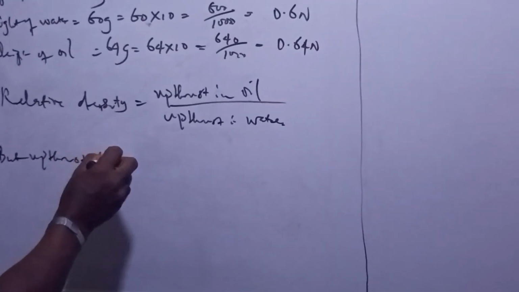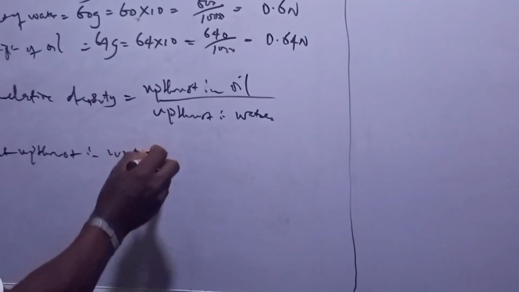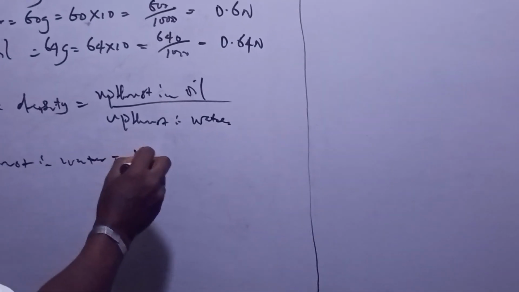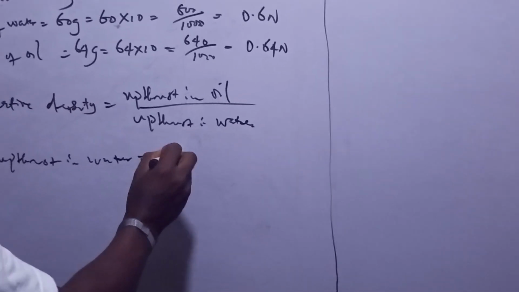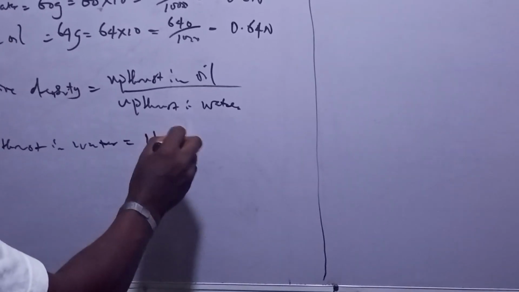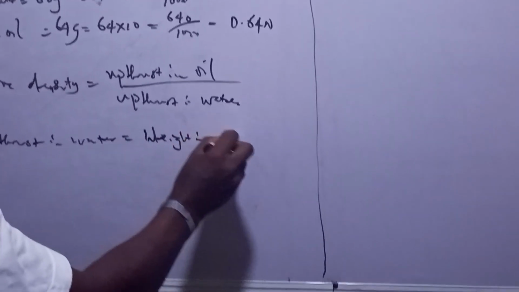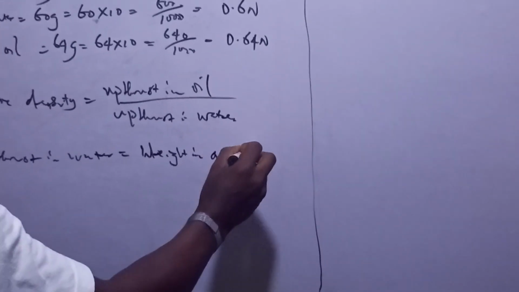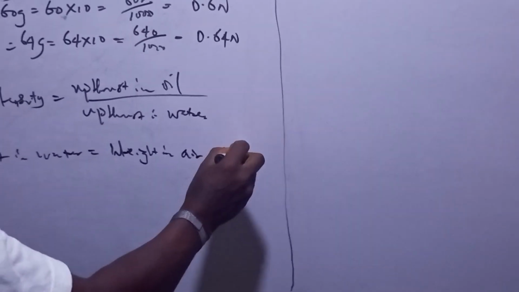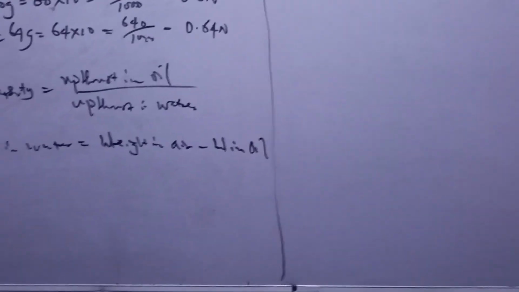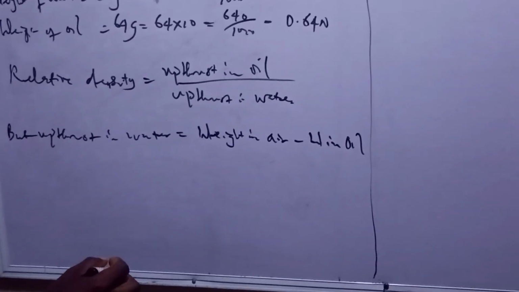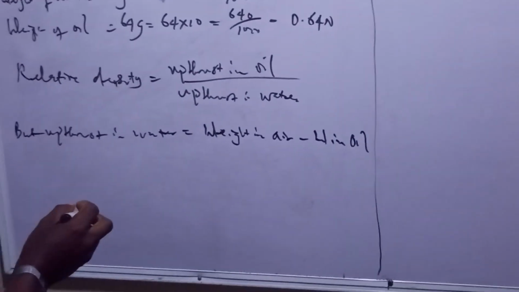Let me represent weight by W. Upthrust in oil is equal to weight in air minus weight in oil.